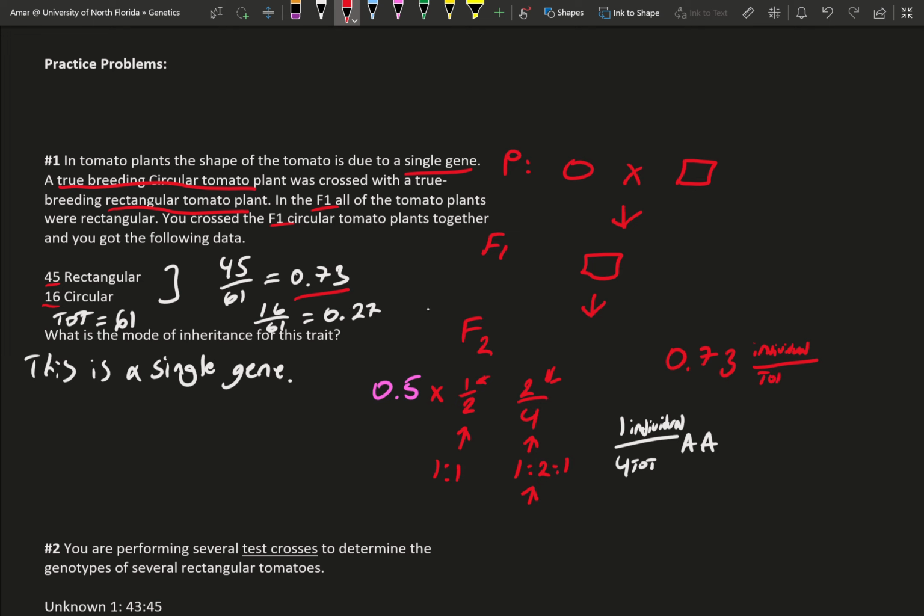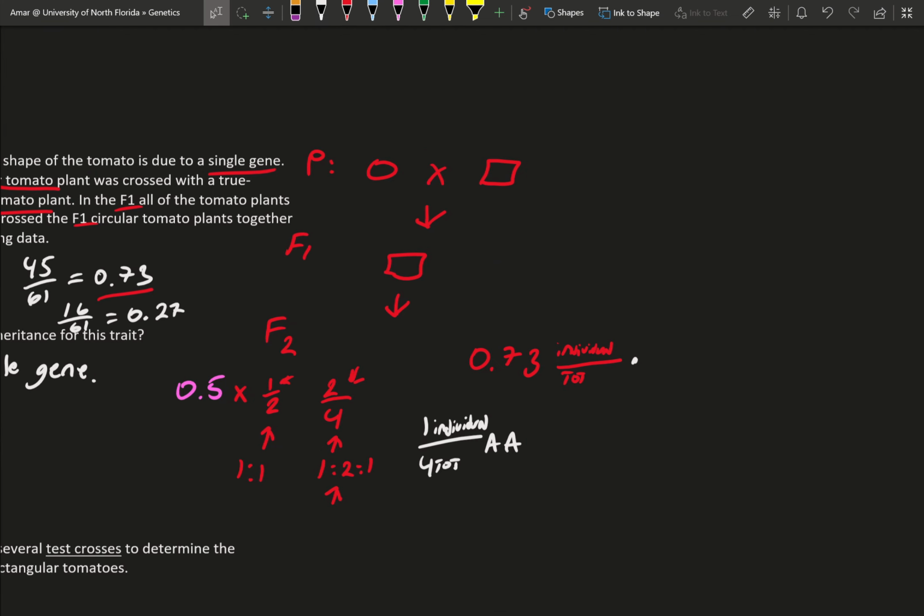So you can multiply this by the denominator, so we can cancel out the total, and you would end up with a ratio of around 3.